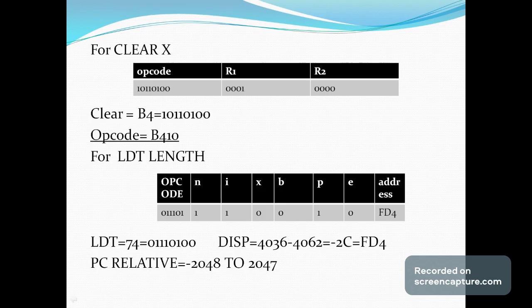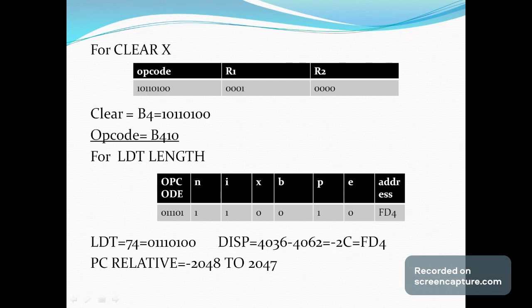Here the LDT opcode is 74, written in binary format. The first significant bits we need to take are nothing but the opcode. In this case, we don't have a hash or anything else, so it is neither immediate nor indirect. So we write 1 1, and E is set to 0 because it is format 3.